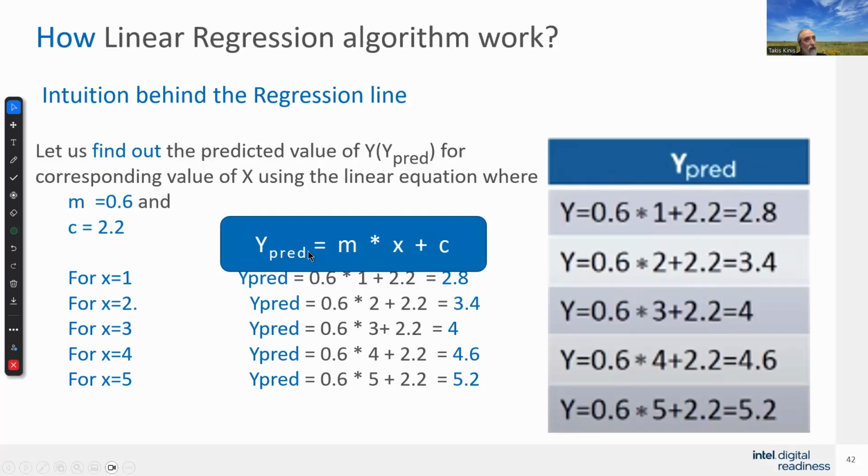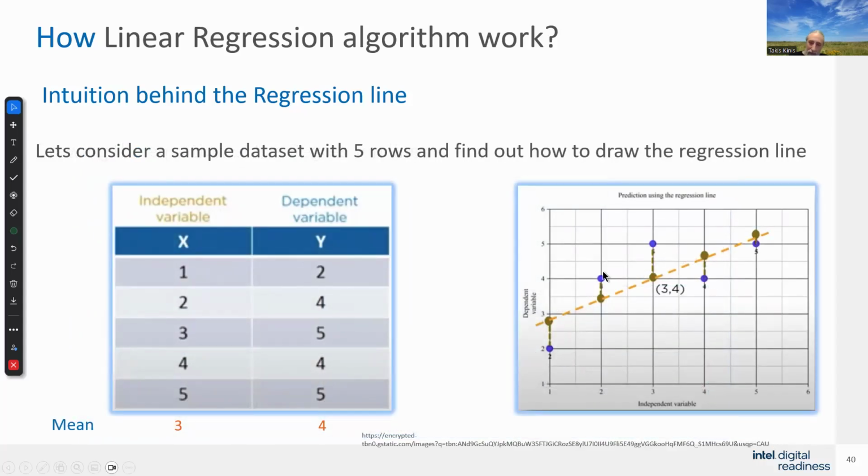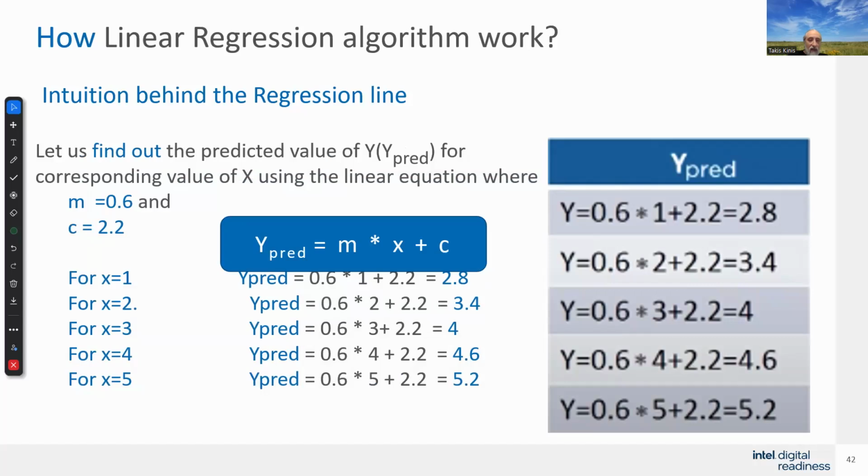Because when we actually plotted it, I'm going to go back to that, the actual plot points weren't right on the line. But what the equation says is what it should be, right? So this tells me that if I put in an x of 1, it should be 2.8.